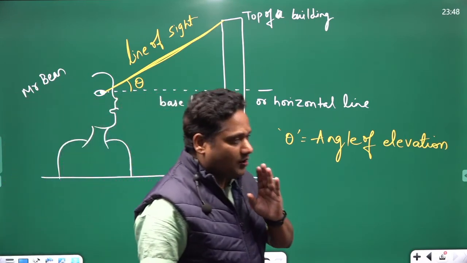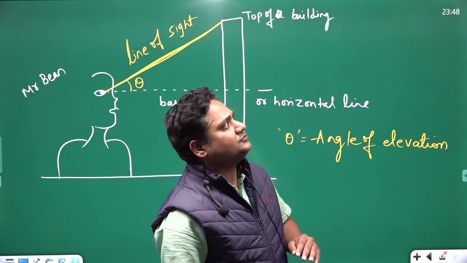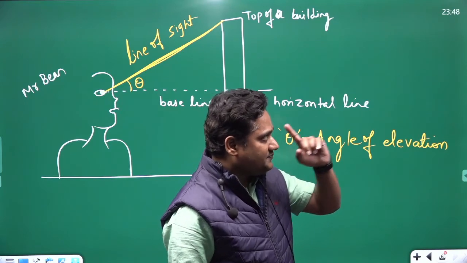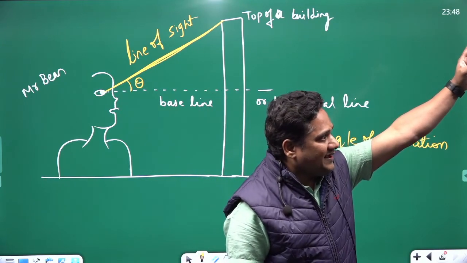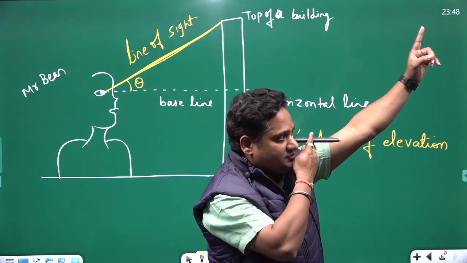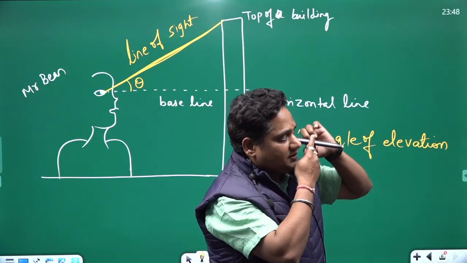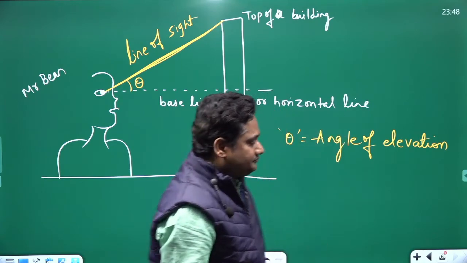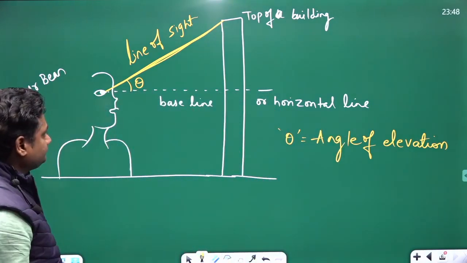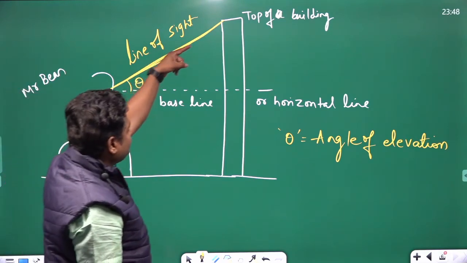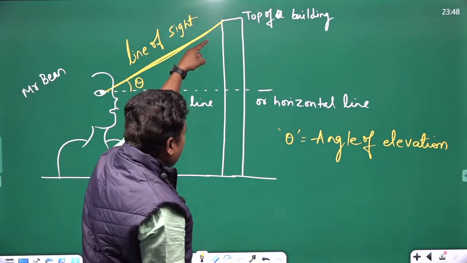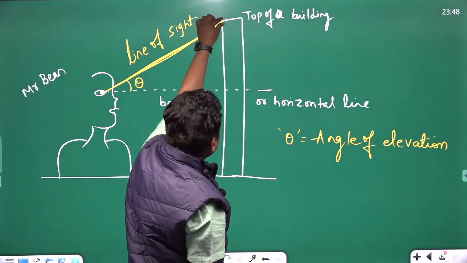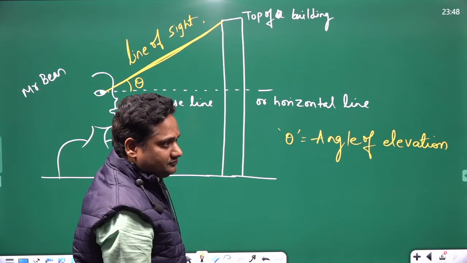When you are observing something like the top, you always keep your face up and your eye is making a line of sight, and with this horizontal line, this angle theta is known as angle of elevation. But remember, you are not observing the whole building, you are just going to see the top of the building, right?